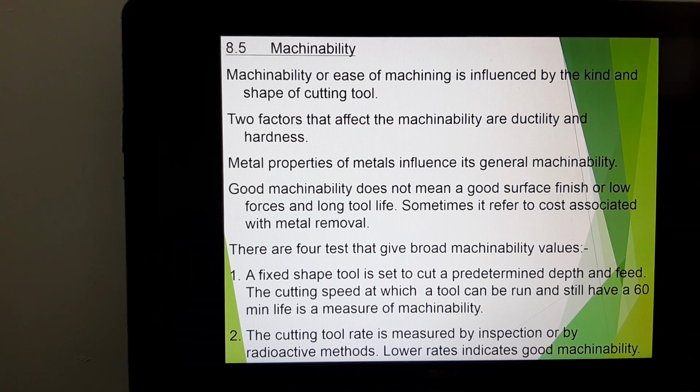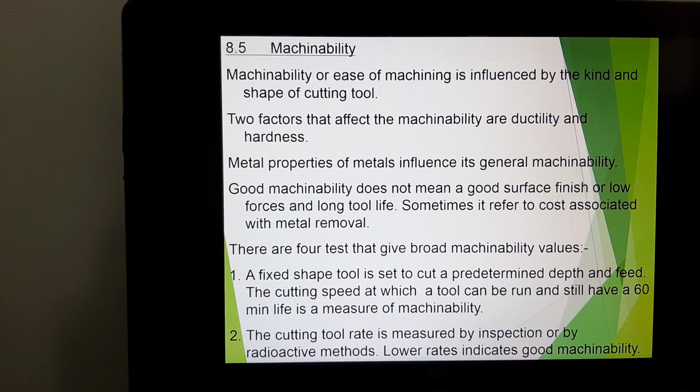Good machinability can be defined in terms of 4 factors. First of all, tool life. Upon machining, is your tool life still good, meaning is your tool still sharp? Number 2, surface finish. Upon machining, is the surface finish of the product still good and smooth, or is the surface rough?